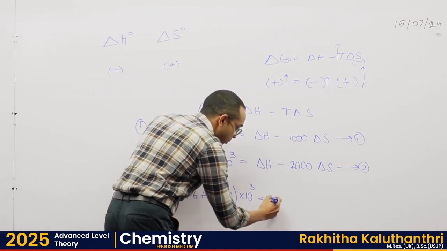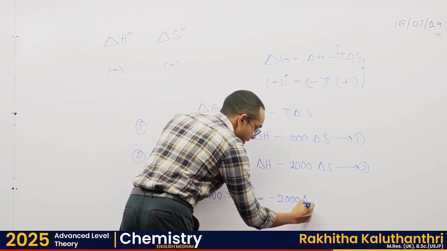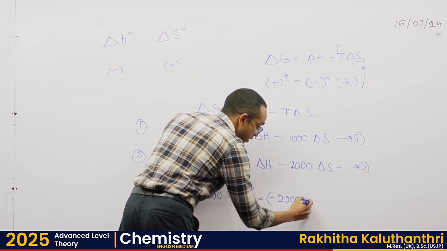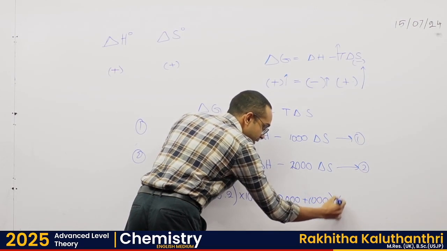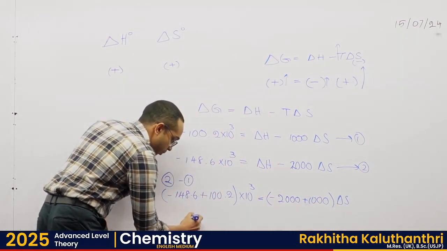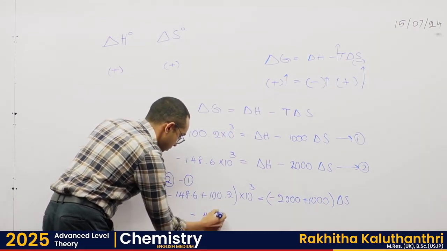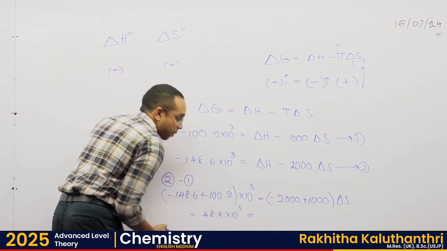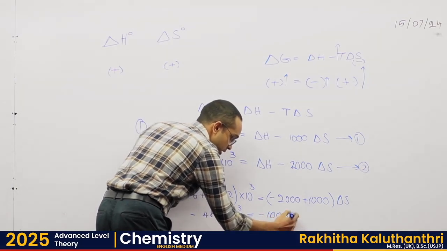So therefore we have minus 2000 delta S plus 1000 delta S. So the answer that you get here is minus 48.4 into 10 to the power 3, and over here you get minus 1000 delta S.